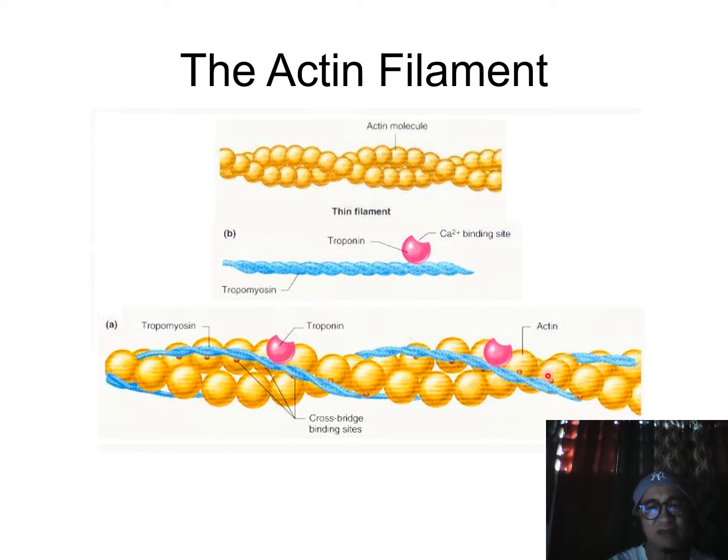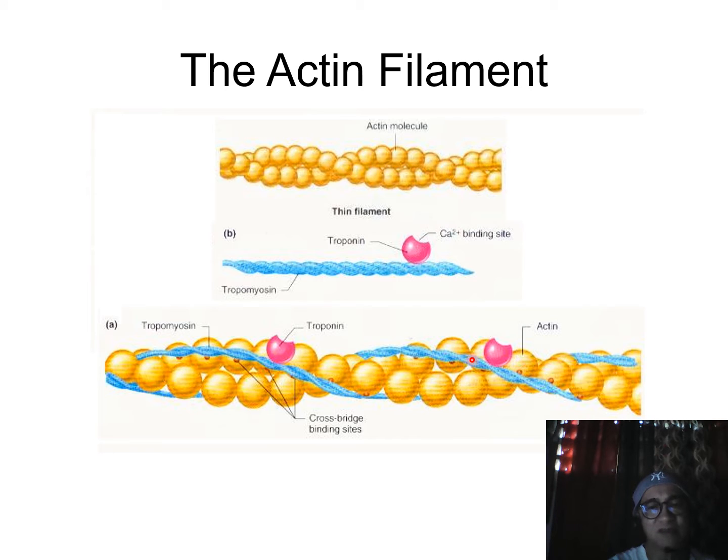Normally in an unstimulated or uncontracting muscle, the binding sites of actin for the cross bridges or myosin heads are hidden by the arrangement of tropomyosin as it binds to the actin filament.